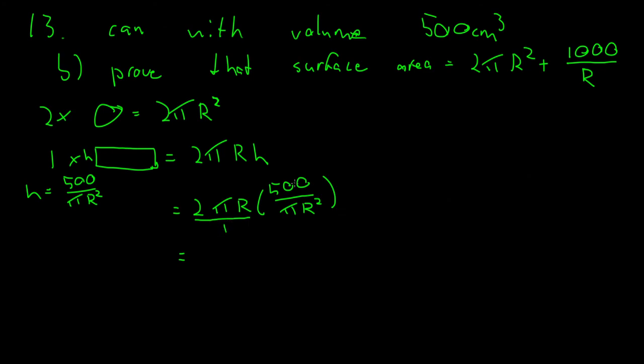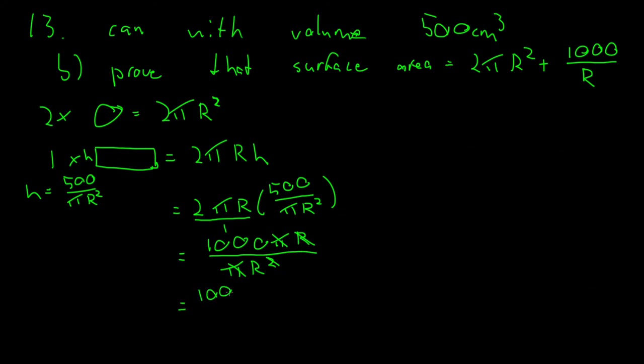And 2 times 500 is the 1000 pi r, and then divided by 1 times pi r squared, so just pi r squared. And what you do is you cancel the pi's out, and you cancel this r squared with this radius, with the other radius.